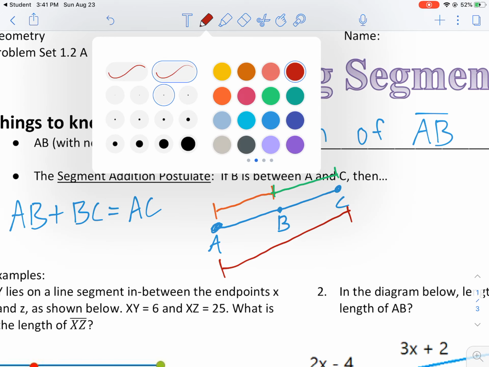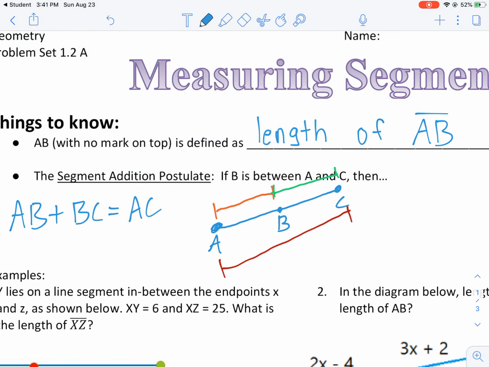So essentially what this means is the parts add together to make the whole line segment. And I think you kind of know that. So we can actually use this to solve some problems.